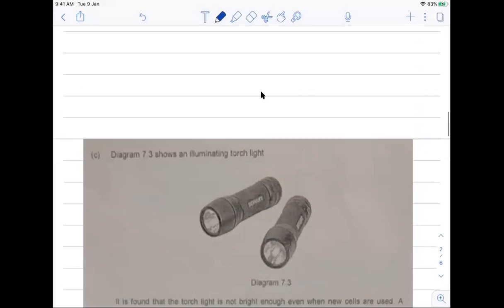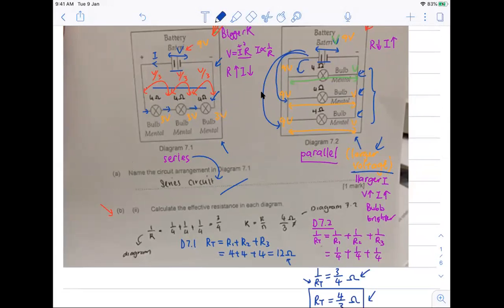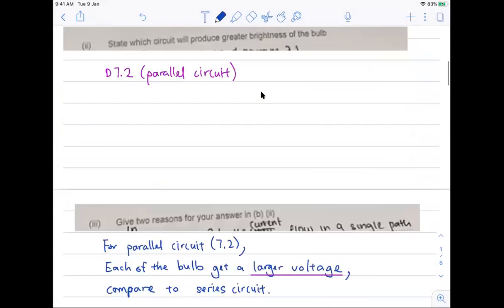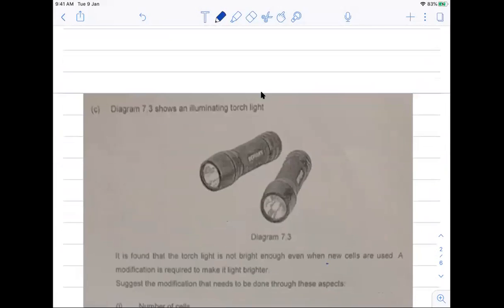So just now, in this question, we are dealing with the series and parallel connection of the light bulb. But for this question, we are dealing with the cell, the battery. So in last question, the battery is in series connection.